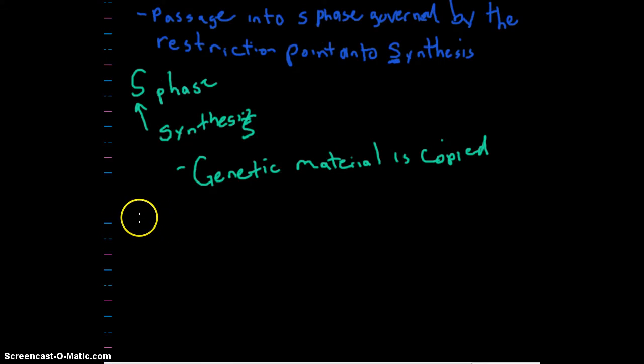The next phase is G2, and that's another phase of growth. And it's the final stage before any cell division can happen.